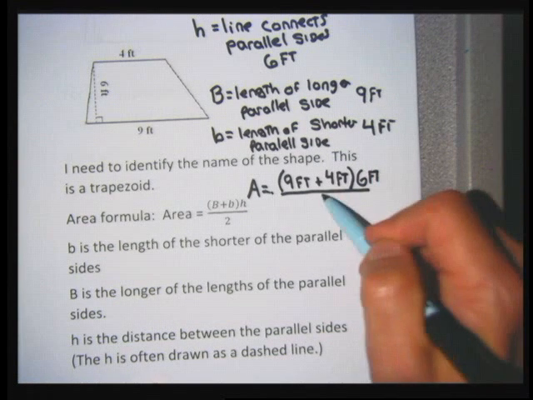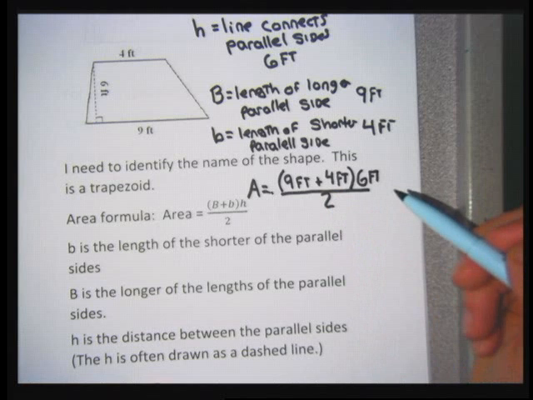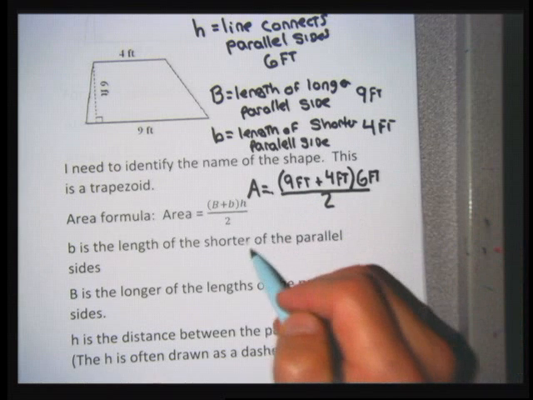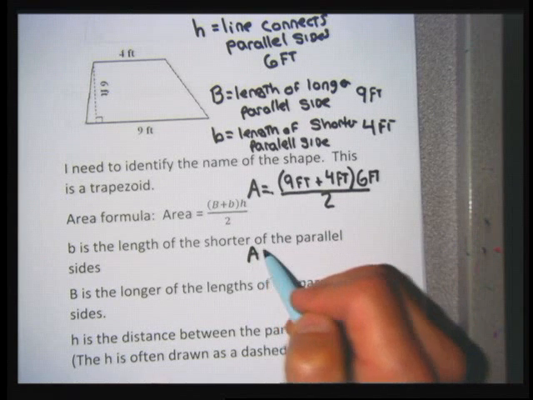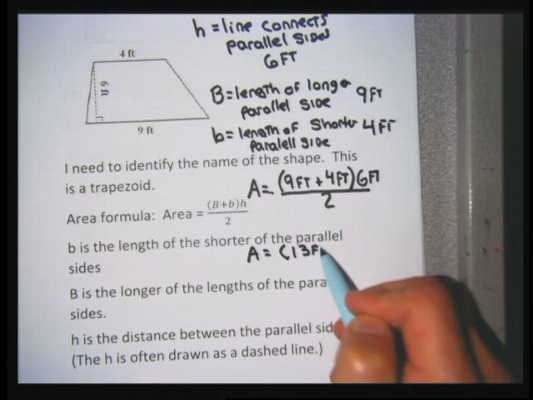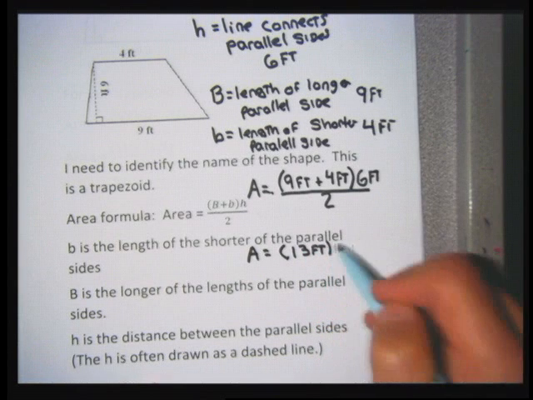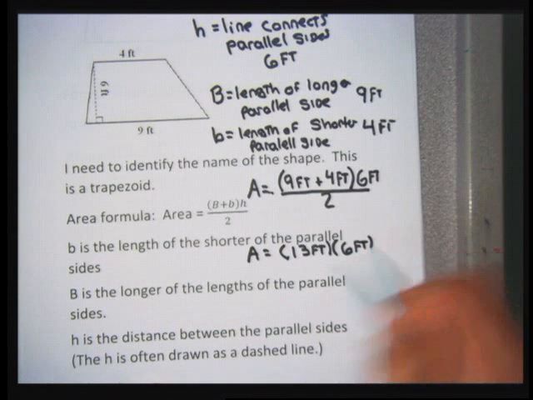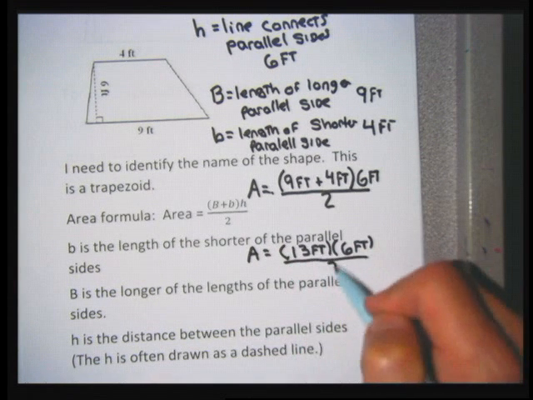And the denominator of the formula has a 2. Inside the parentheses, I need to do that first. When you're adding, you don't get square units. So inside the parentheses, I'll get area equals 13 feet. When you multiply, you get square units. Times 6 feet over 2.